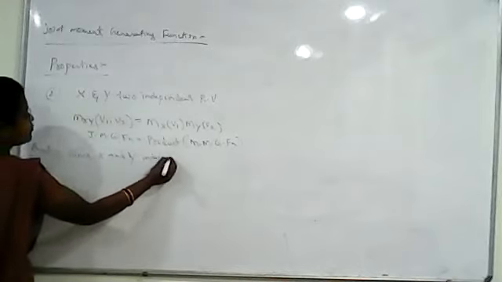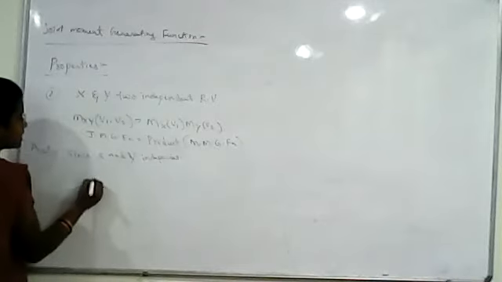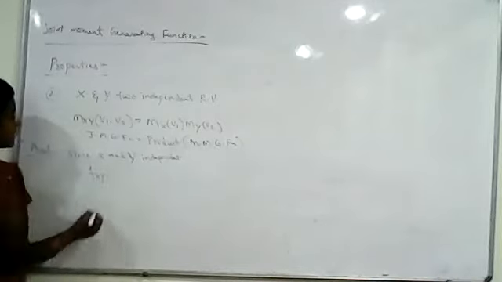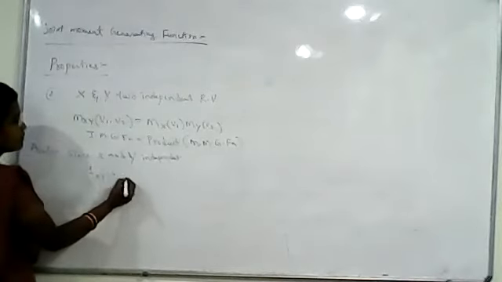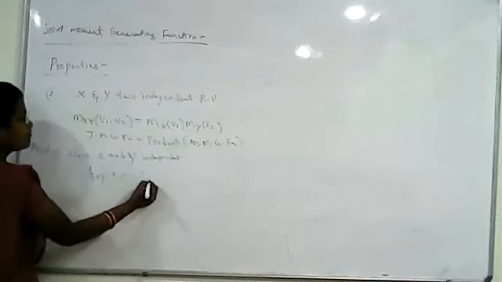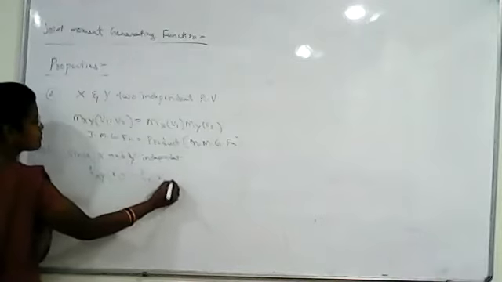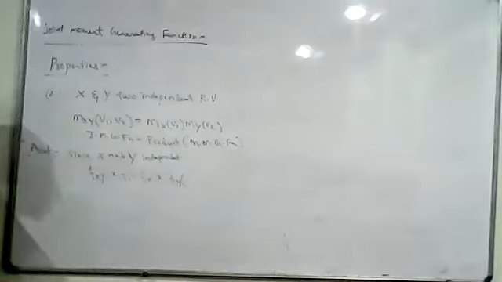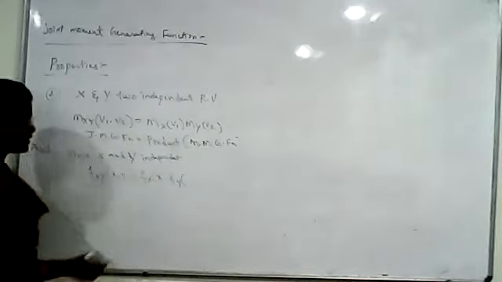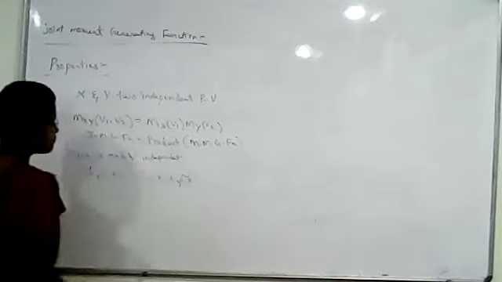If any two random variables are independent, we know that their joint probability density function will be equal to the product of marginal density functions. So it is fxy of x comma y is equal to fx of x into fy of y.